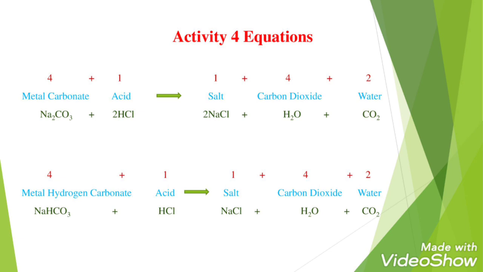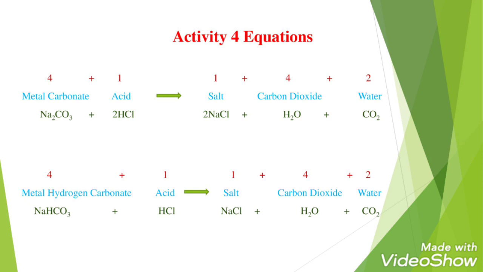Next topic is the same, but in place of metal carbonate I am taking metal hydrogen carbonate. Metal hydrogen carbonate reacting with acid gives rise to salt plus carbon dioxide plus water.